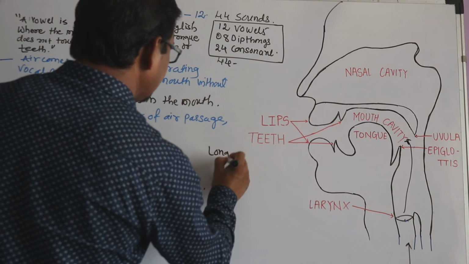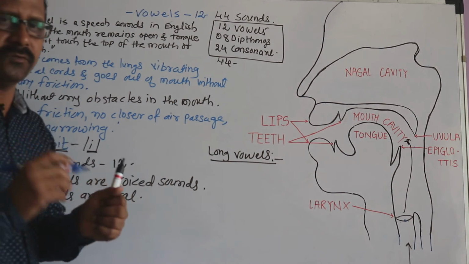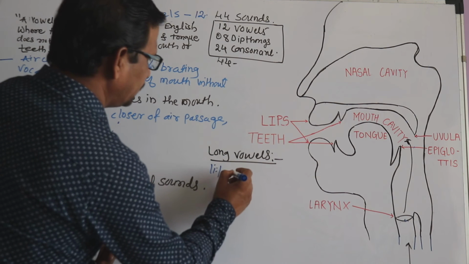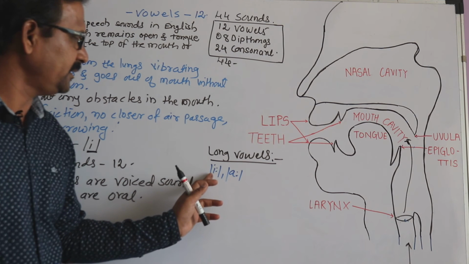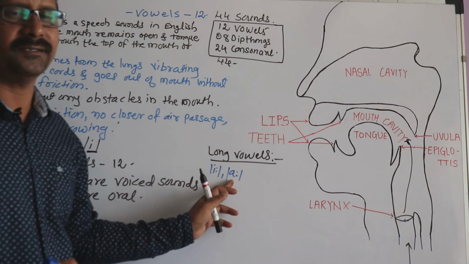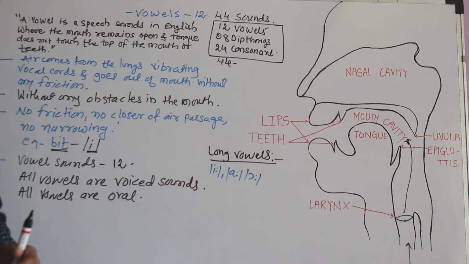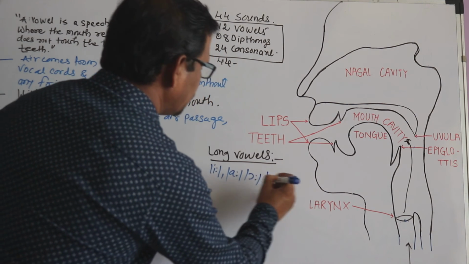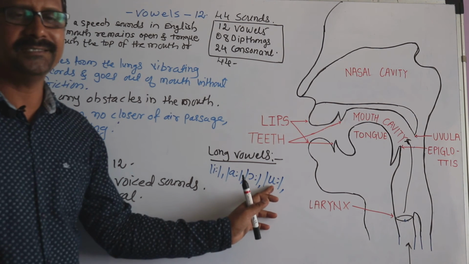We can have the long vowels. We have the long vowels, just as in E, then A as in card, E as in these, A as in card, O as in what, as in rule, as in rule.